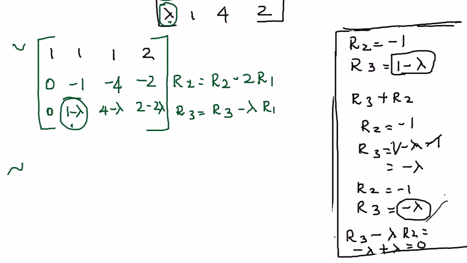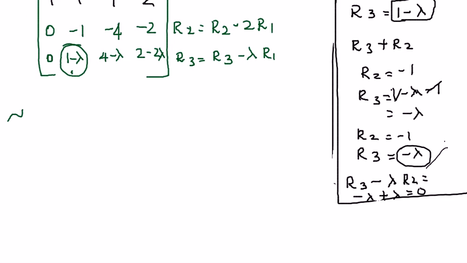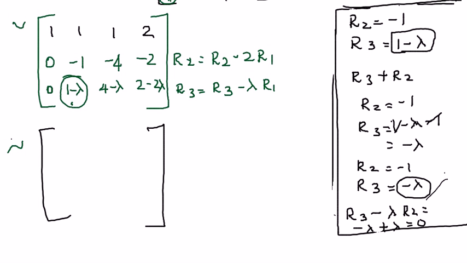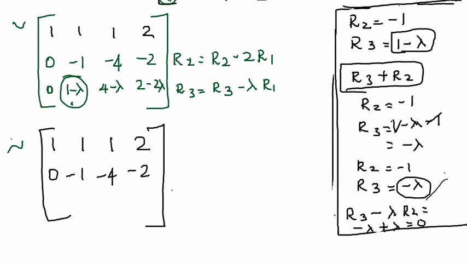So let's continue. In the first step, let's write R1 and R2 as it is: 0, minus 1, minus 4, minus 2. And as I said, in the first step we'll be doing R3 equal to R3 plus R2. So we are going to get rid of lambda in 2 steps, right? When we do this, it becomes 0.